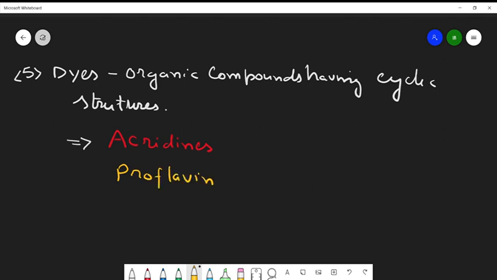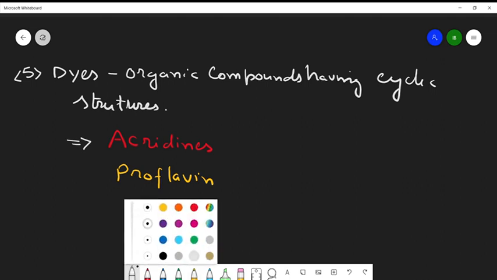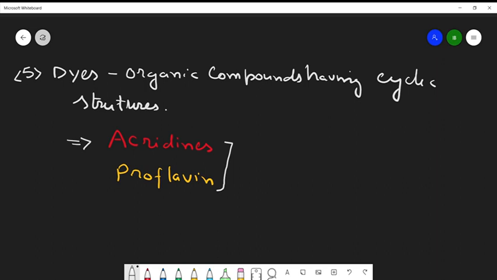Now, what these dyes do is that they get incorporated within the DNA. Suppose this is the DNA molecule, and in this DNA molecule, suppose here is one nitrogenous base adenine, and opposite will be thymine.